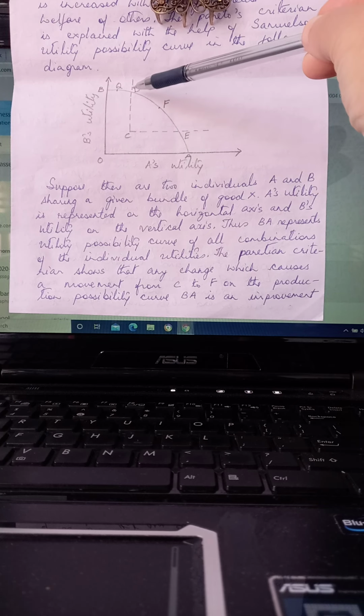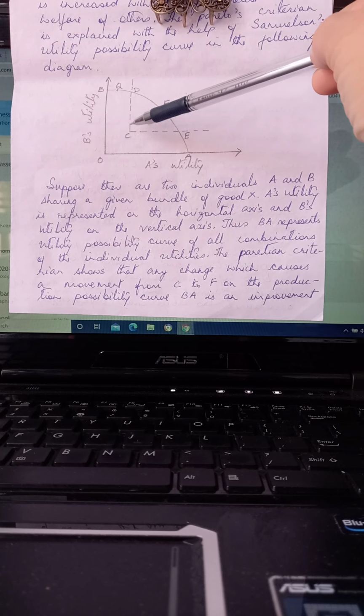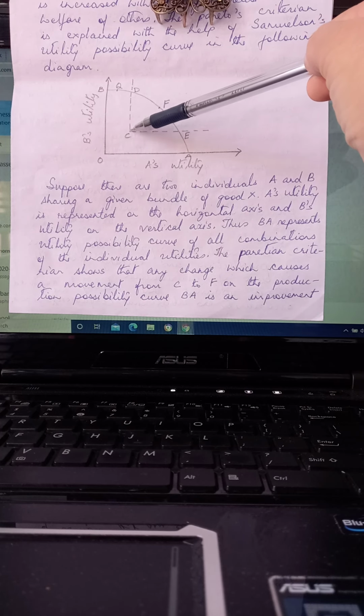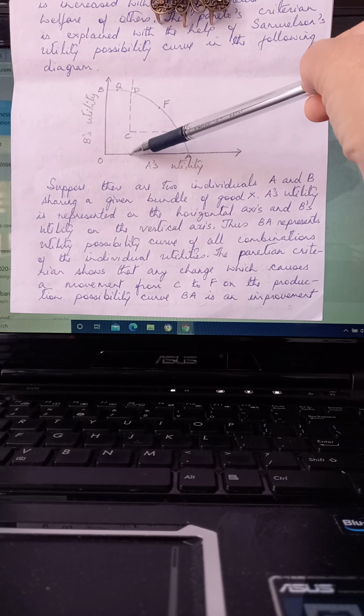Now, if we look at point D, earlier it was at point C, which means at point C, B's utility is this much, A's utility is this much.